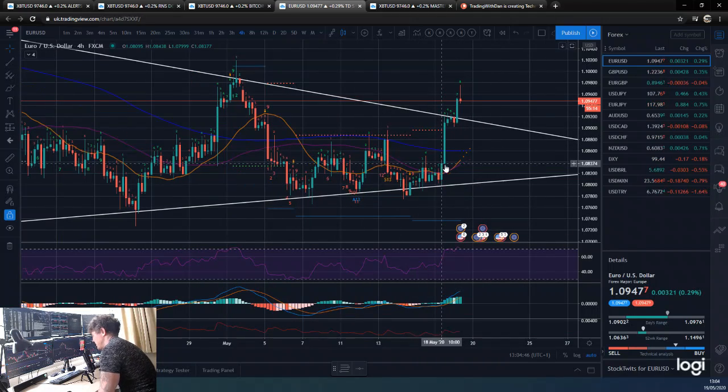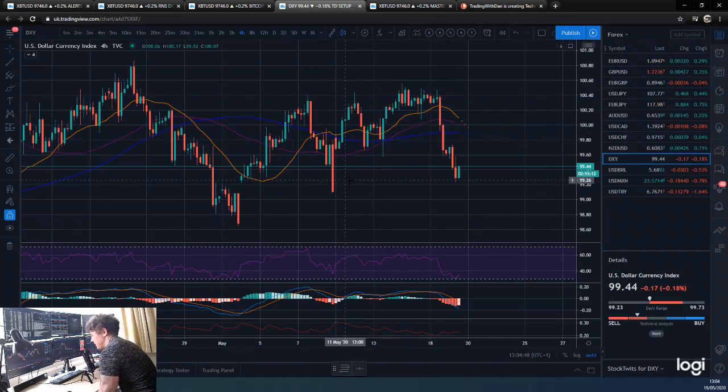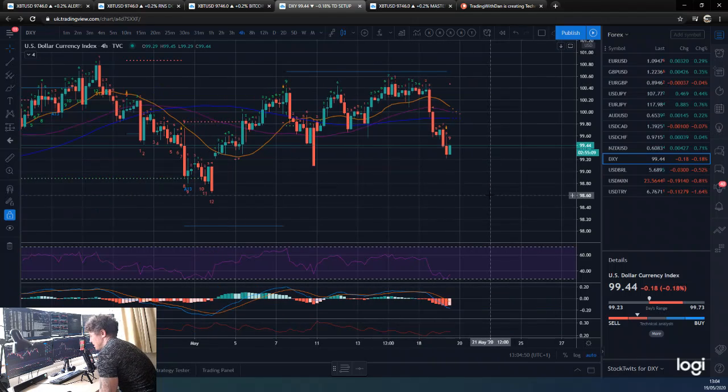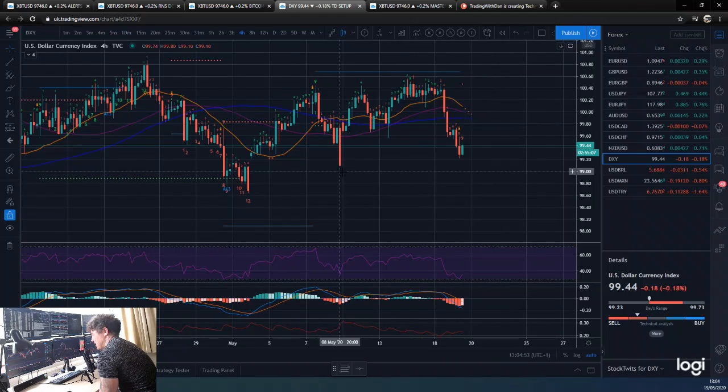Let's have a look at the dollar index, because obviously the dollar is the other part of this. The dollar index itself, I think about 40% of the basket of currencies this index is calculated against is the euro. So this chart, for the most part, is just an inverted version of the last one we looked at.